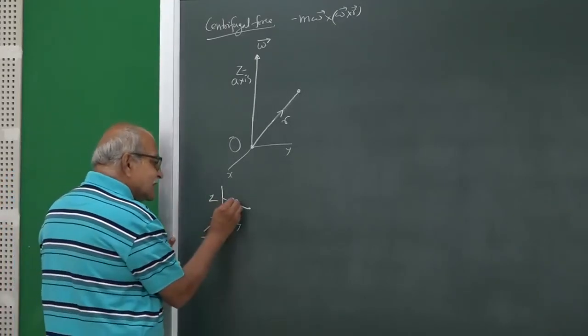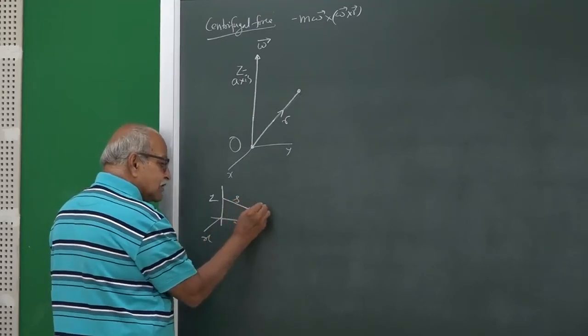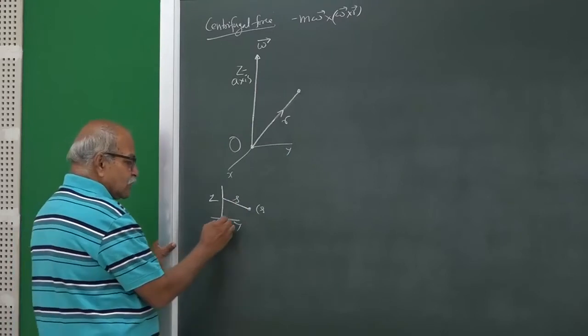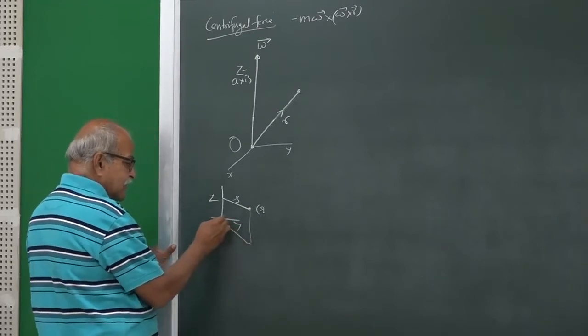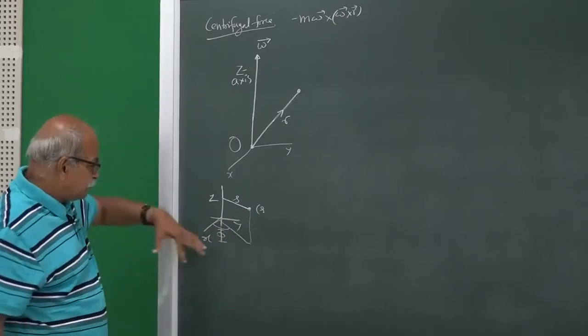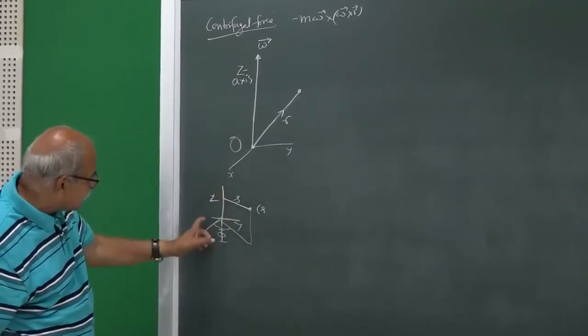Now, this length is called s. So, your first coordinate is this s. What is the other coordinate? The other coordinate is phi. If you drop a perpendicular on this plane, and then from the x axis measure the angle, that is called phi. If phi is more, that means it is more on the other side.